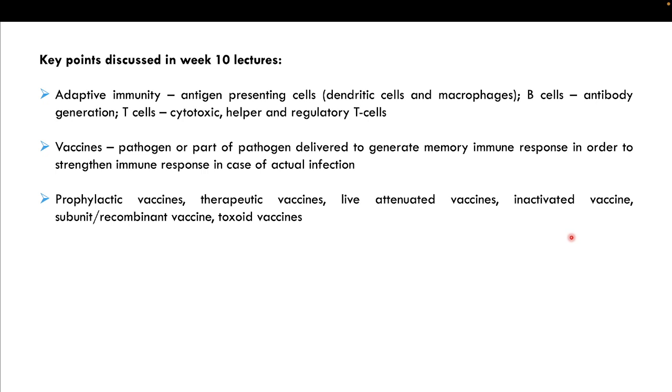Then the other is inactivated vaccine. So to avoid this risk of developing a disease while delivering a live attenuated vaccine, we can have an inactivated vaccine. So this means that you kill the organism, and then you deliver the dead parts of that organism in the form of a vaccine. So now, even though the pathogen is dead, it will not be able to proliferate in the human body, but it still has all its protein and all its structure intact.